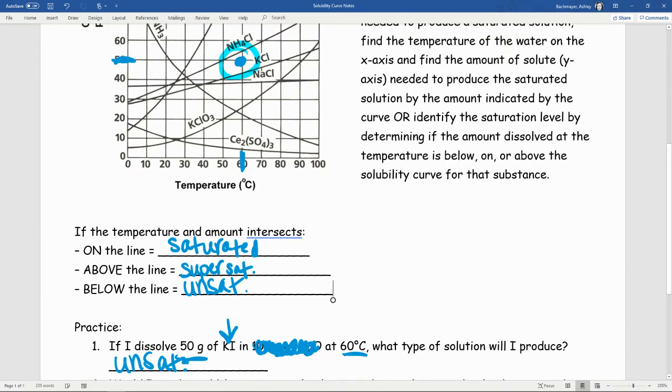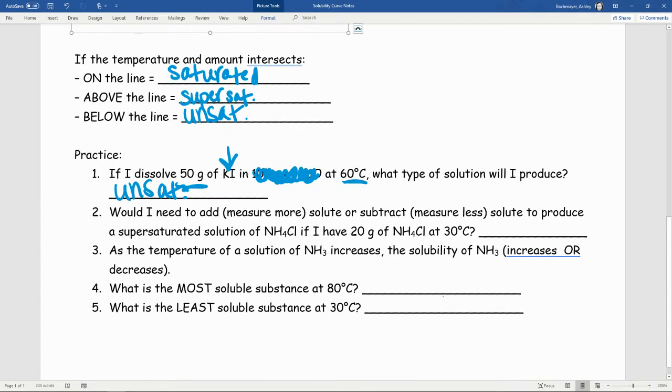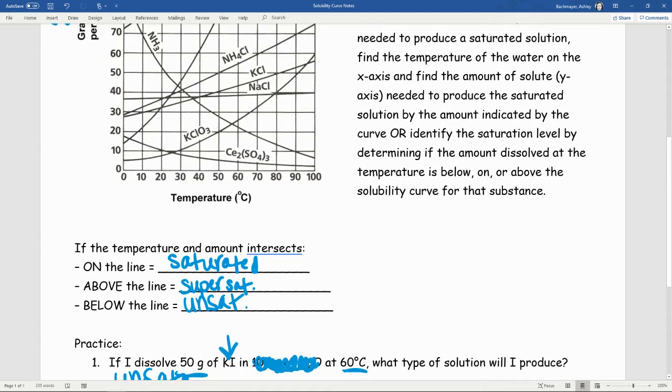Okay, I'm going to go ahead. Would I need to add, which means I need to measure out more solute, or do I need to subtract, which means I need to measure less solute, if I want to produce a supersaturated solution of NH4Cl? So far I've measured 20 grams at 30 degrees Celsius. All right, so 30 degrees Celsius, 20 grams. Here I am right here.